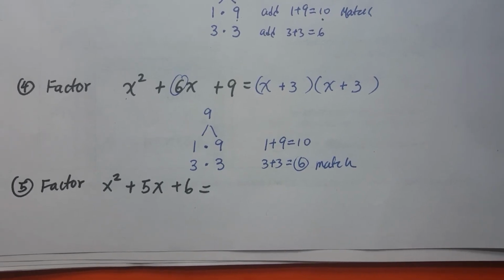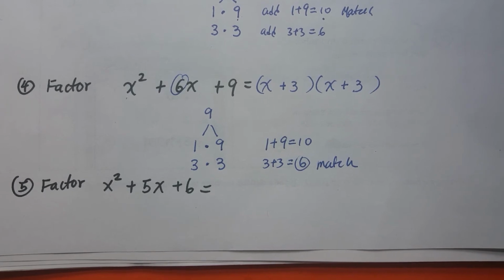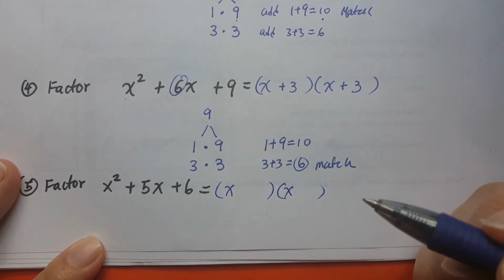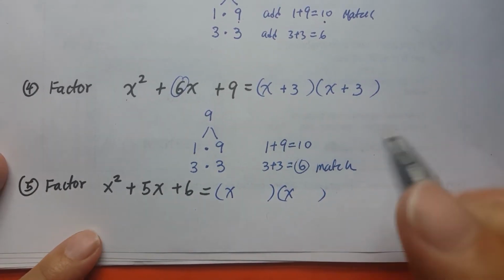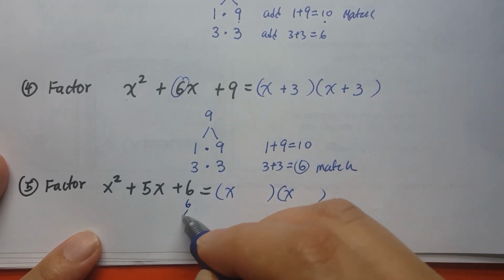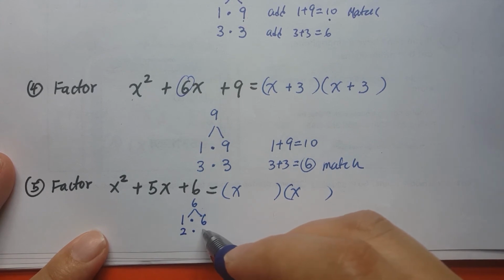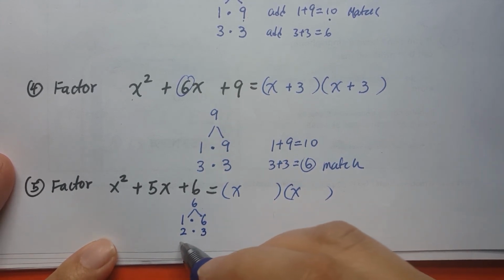Okay, let's take a look at number 5. Number 5, we have x squared plus 5x plus 6. So now we're going to put parentheses, and then x and x. Now we're going to begin with the last number, 6. We get 1 times 6 equals 6. 2 times 3 equals 6. 3 times 2 equals 6.